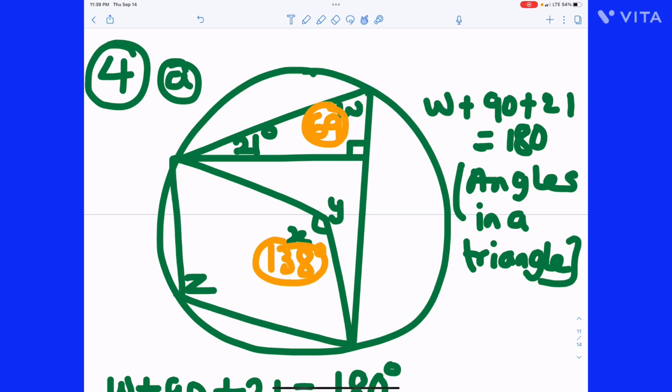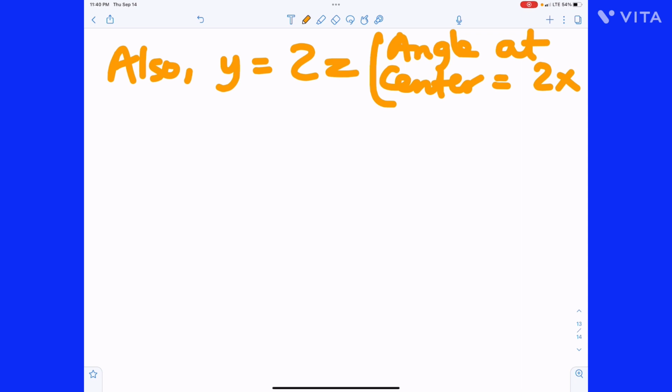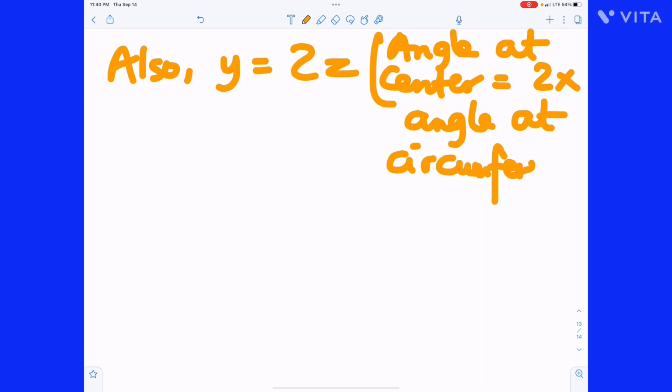So Y should be equal to 2Z. Also, let me write, Y is 2Z. Angle at center is 2 times angle at circumference.